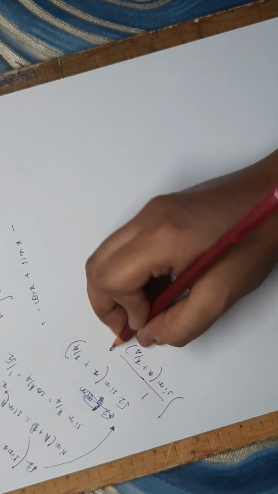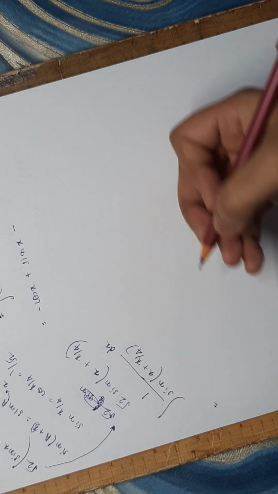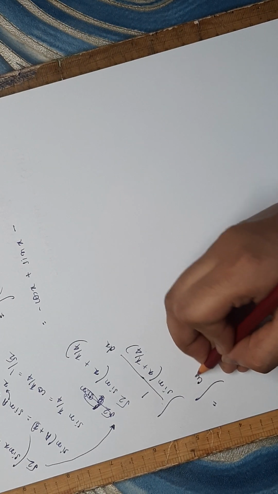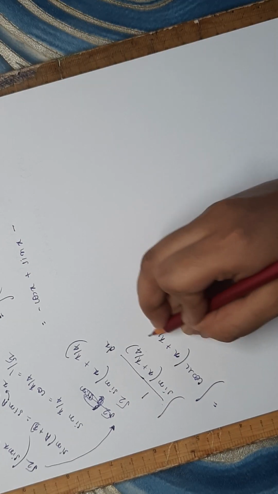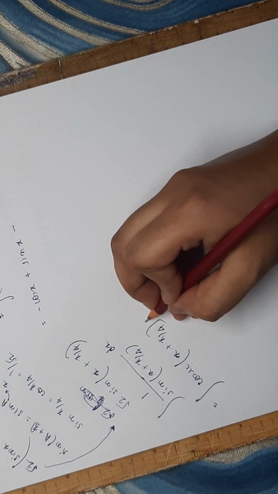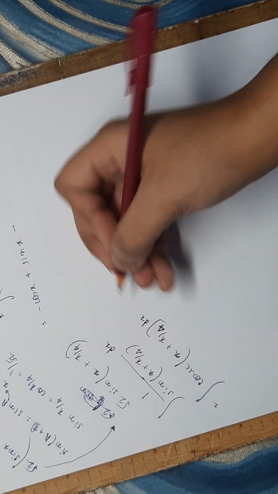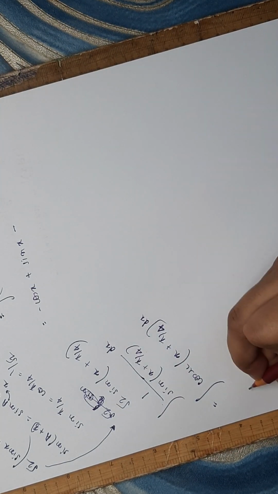So now how will you be solving the problem? First you have to do the integration, right? So how will you be doing it? This is nothing but integration of cosec of x plus pi by 4 dx. Right, now what is the integration of cosec of x plus pi by 4 dx?